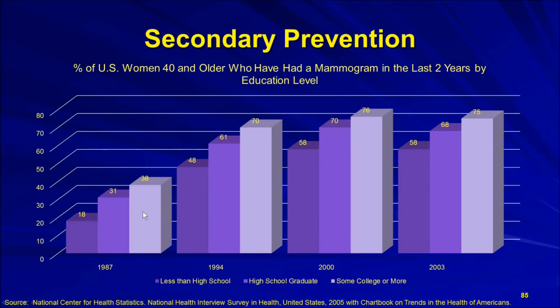But I don't want to get too far afield here. I'm just trying to point out that the trend is universal, usually across diseases or across behaviors. So education affects the number who receive a mammogram, and that's what we can conclude.